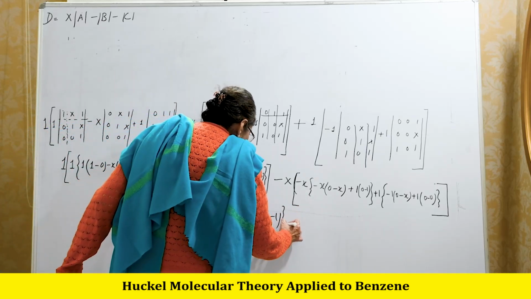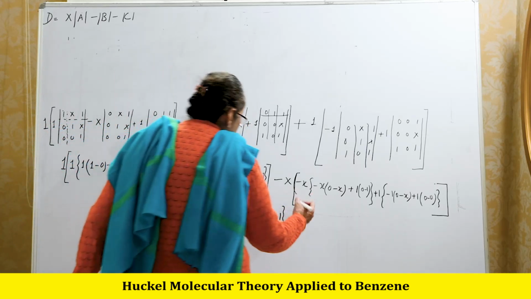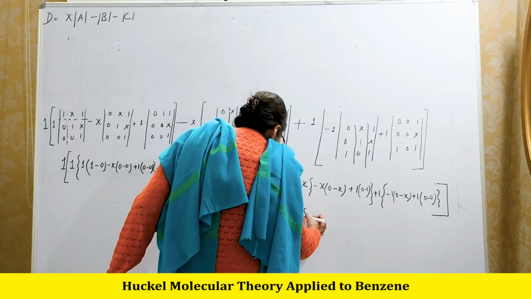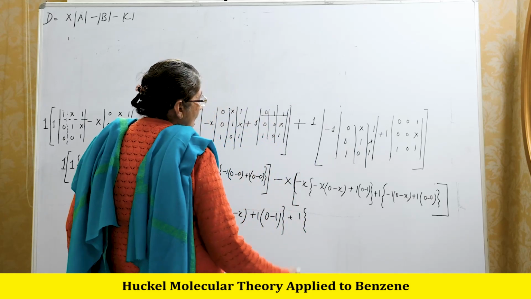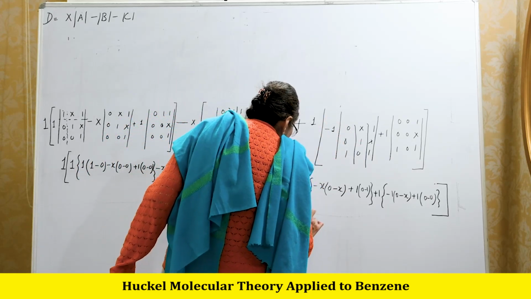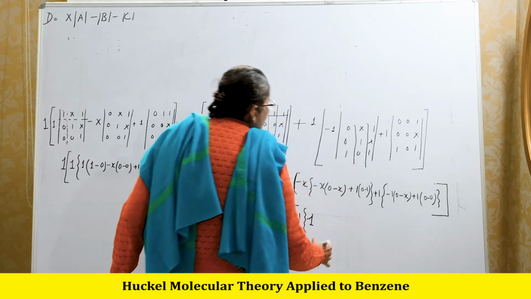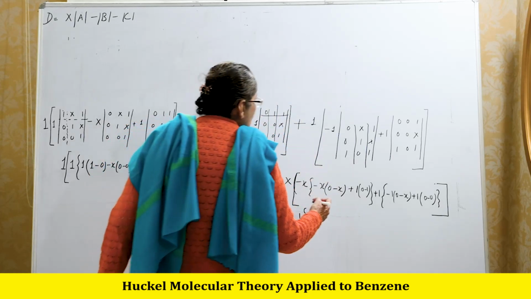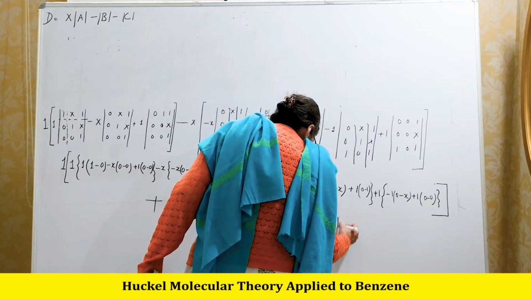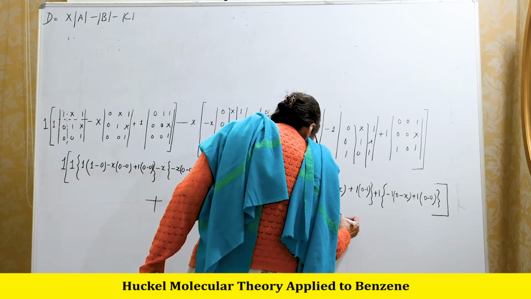Now it is closed, and plus 1, and multiplicative factor plus 1, and plus minus plus 1, 1, and 0 minus 0, 0 minus 0.